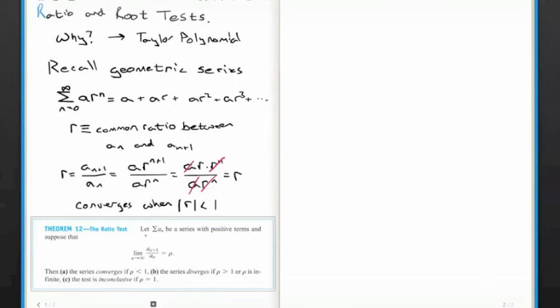Suppose that the limit as n approaches infinity of a sub n plus 1 over a sub n, so the ratio between these two terms, the next one over the first one, so here's this one, here's the next one, just like I did up here where I did this ratio, equals this letter rho.